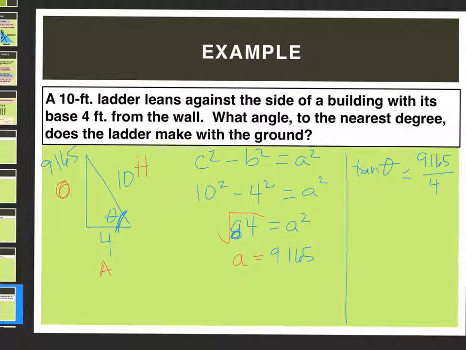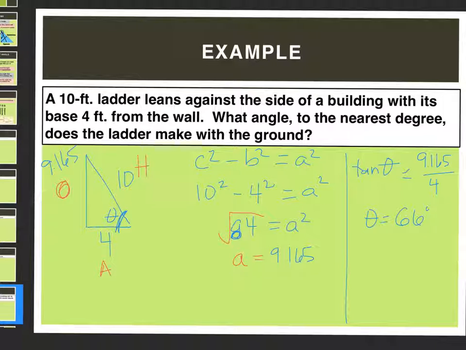Then it's just a matter of typing into your calculator. So I go second tan, okay, and I get 66.4. And it wants it to the nearest degree, so 66.4 is 66. Okay, now I'm just going to check here.